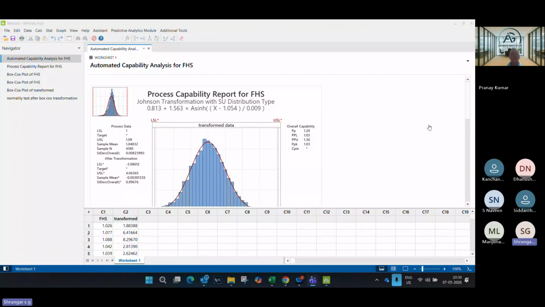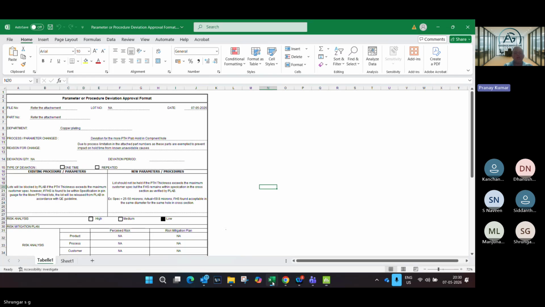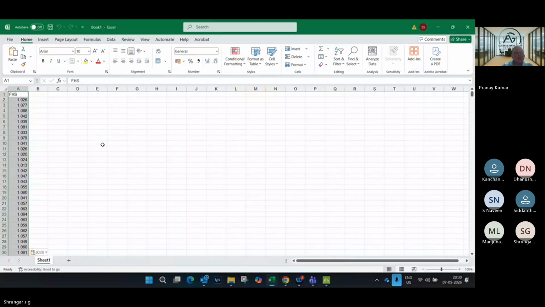Is my screen visible, sir? Yeah, it is. So you want to do it on FHS, right? This is my data. It's diameter data.